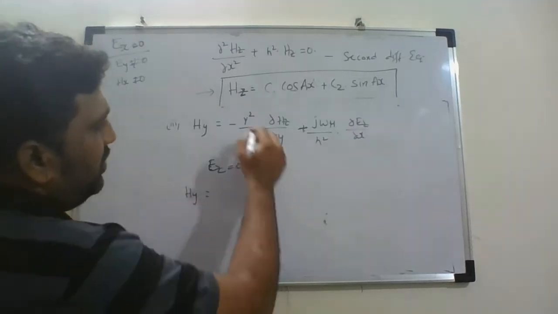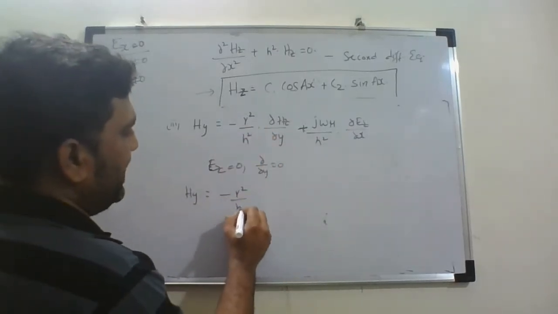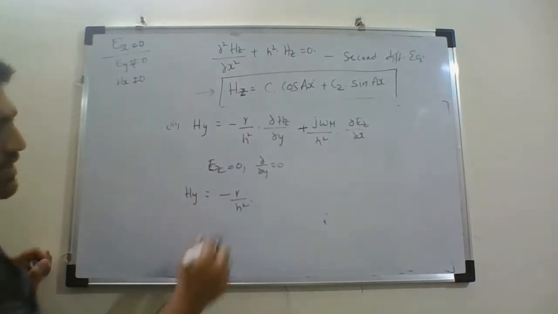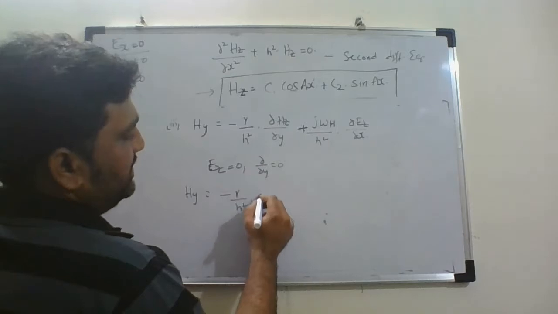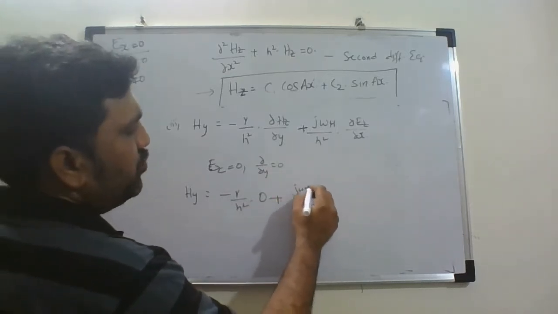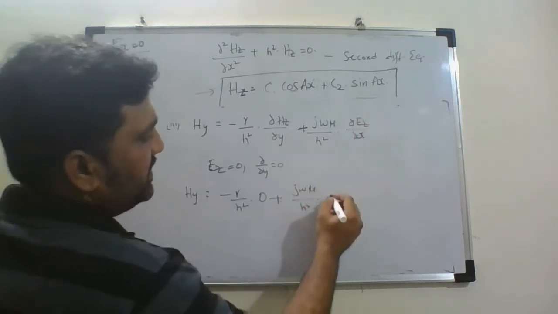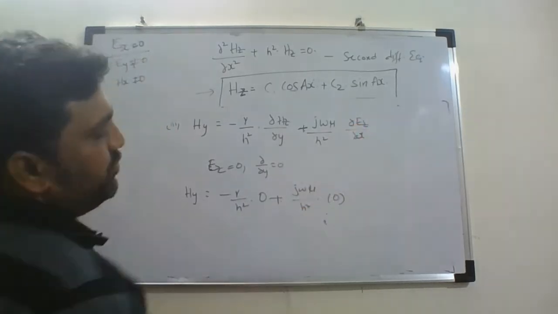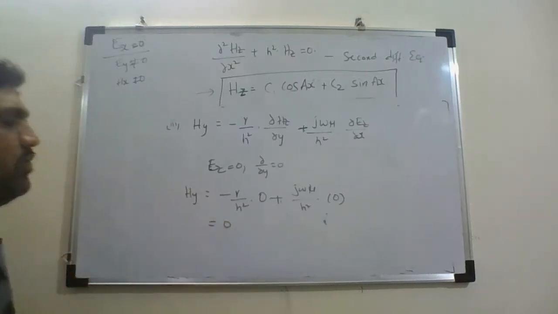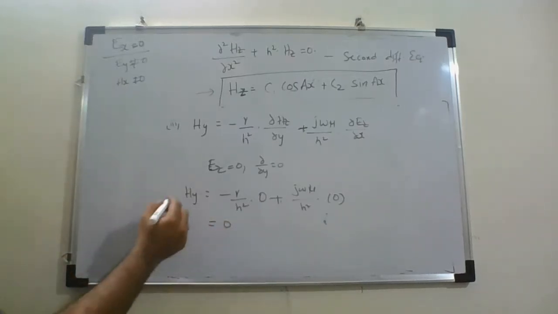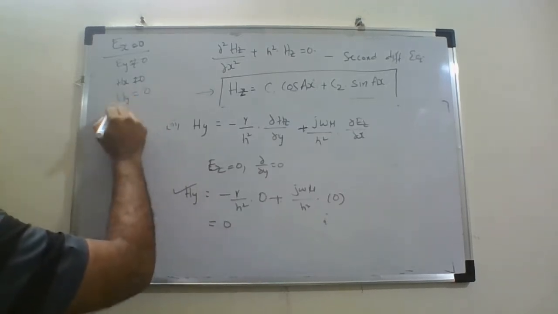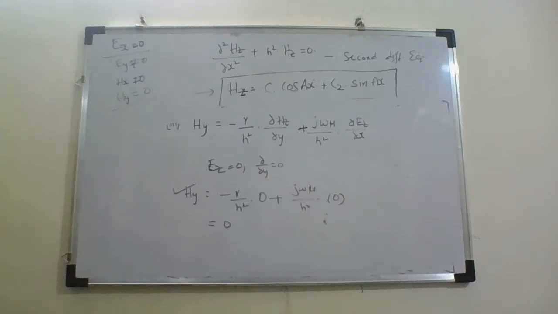The dou by dou y term is 0, and j omega mu by h square into dou Ez by dou x is also 0. So everything becomes 0. Hy component does not exist for the TE wave.